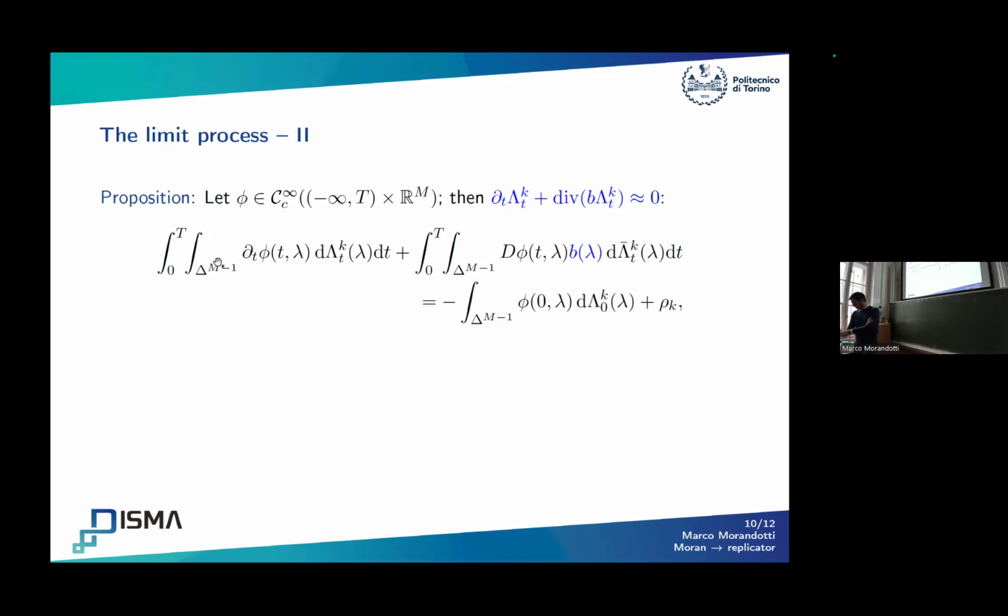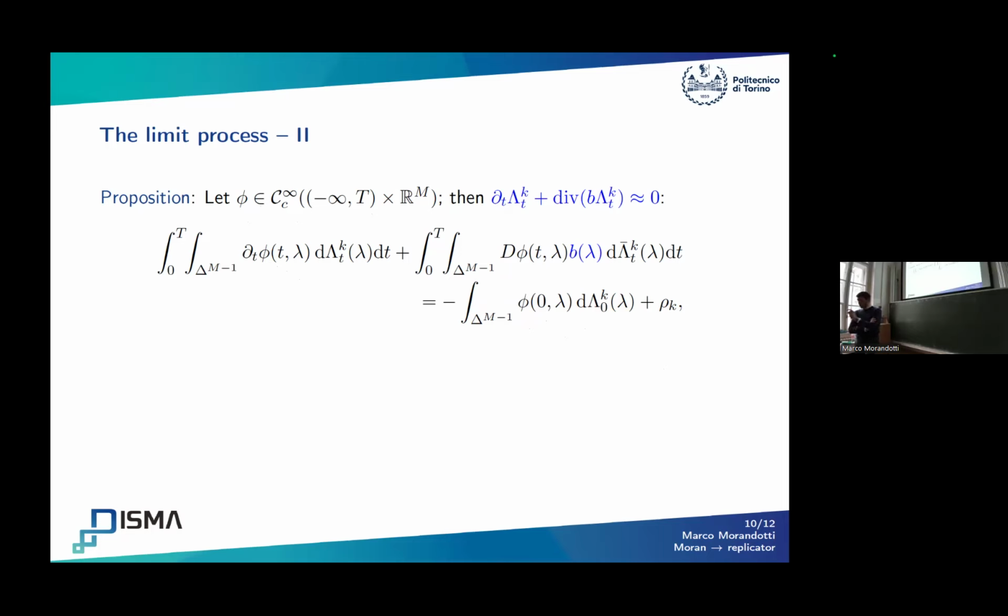So here, what do I do? I take a smooth test function defined from minus infinity to infinity, like that. What I want to see is that when I integrate by parts for the time derivative, I get the initial measure here. I see the test function at the initial time, which is what I want to measure. And then I don't see anything at the final time.